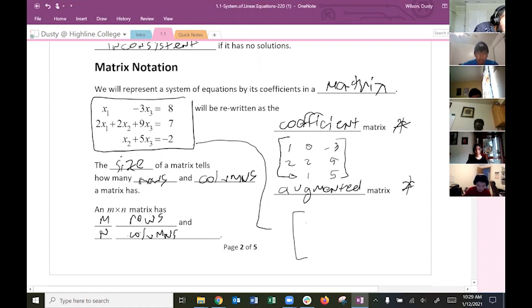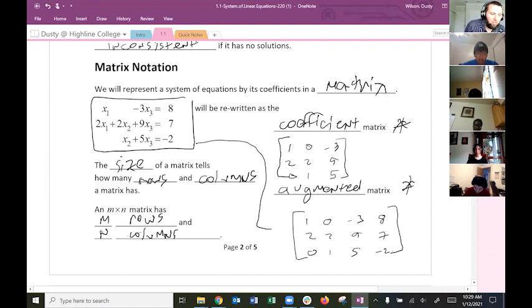And so we'll have 1, 0, -3, and then 8, 2, 2, 9, 7, and 0, 1, 5, -2.